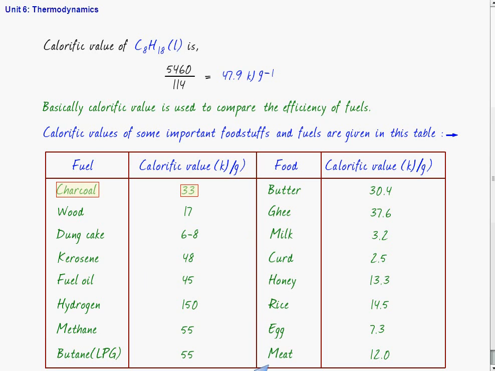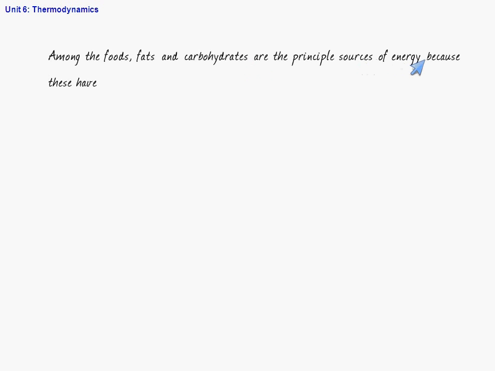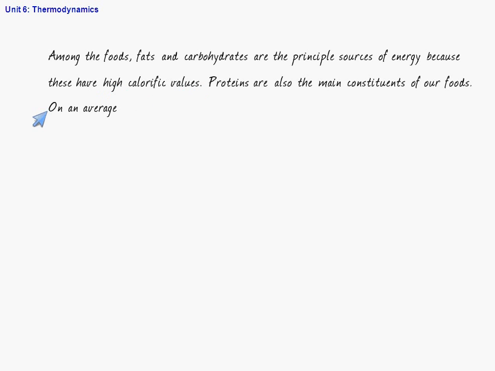Now, among the foods, fats and carbohydrates are the principal sources of energy, because these have high calorific values. Proteins are also the main constituents of our foods. On an average, an adult requires nearly 8,000 to 12,000 kilojoule of energy per day.